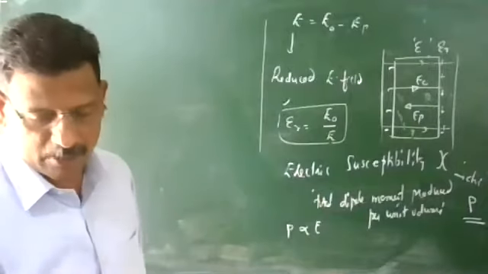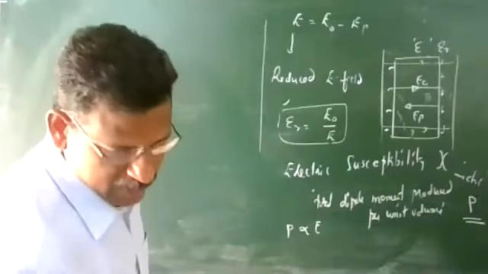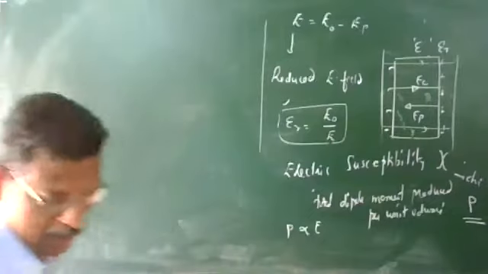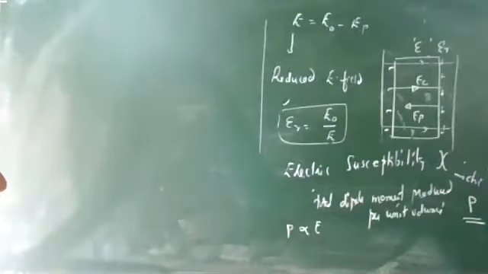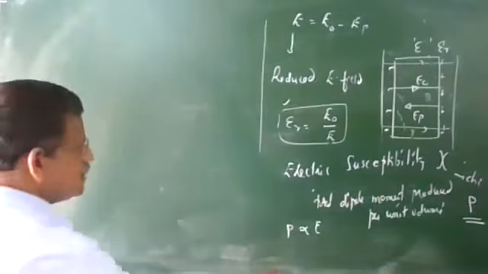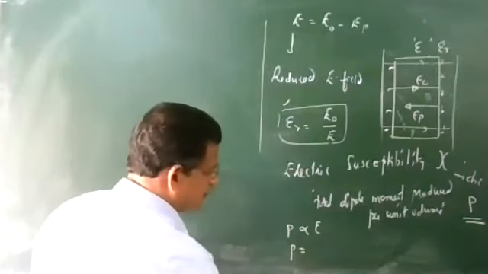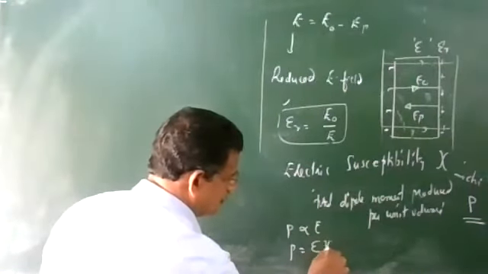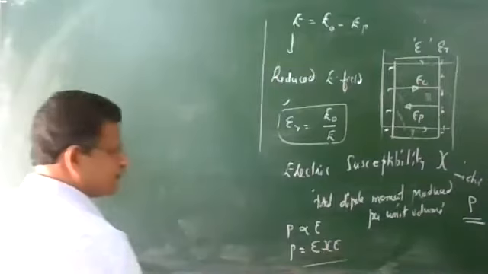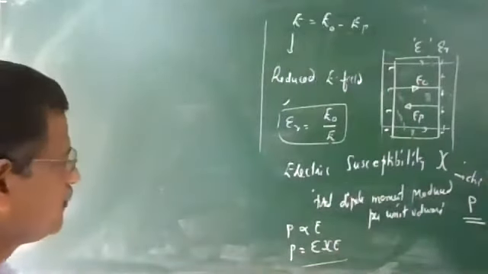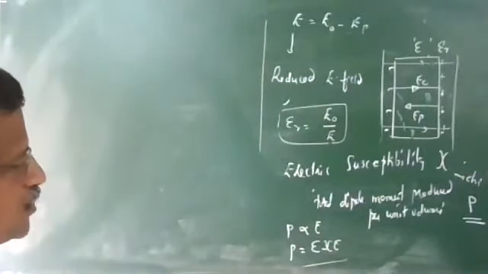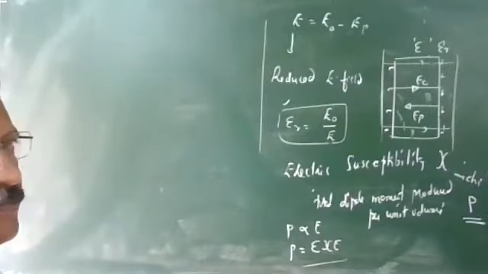How do you write this? P is equal to, we write two constants, epsilon naught and chi e.